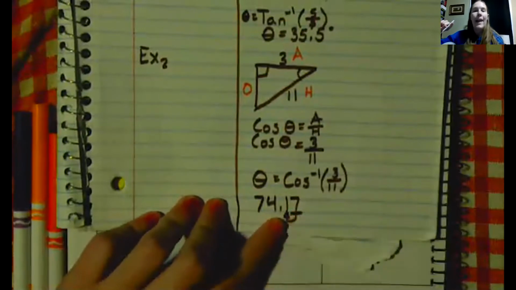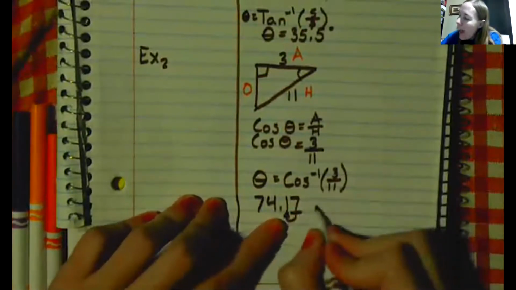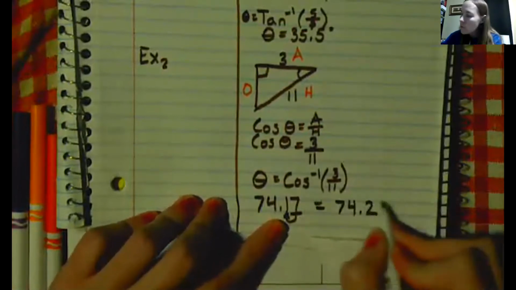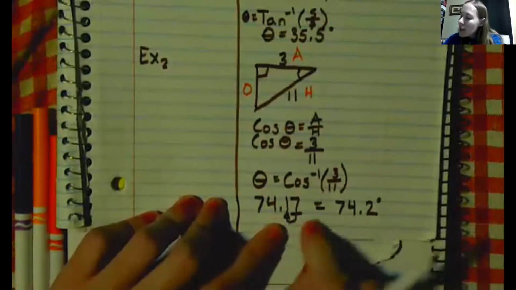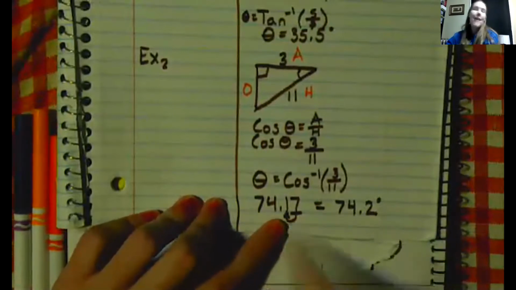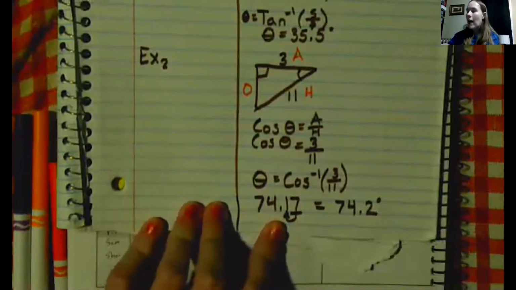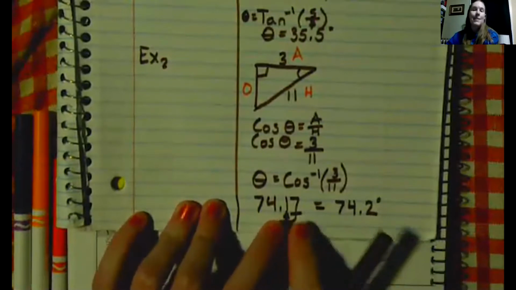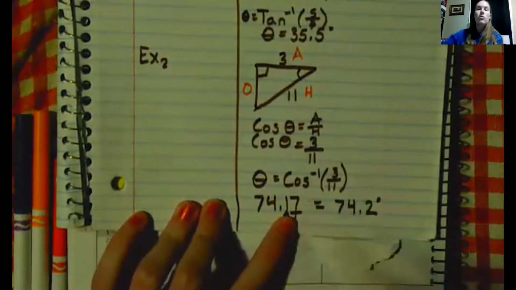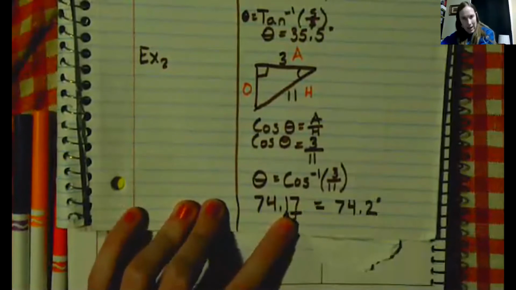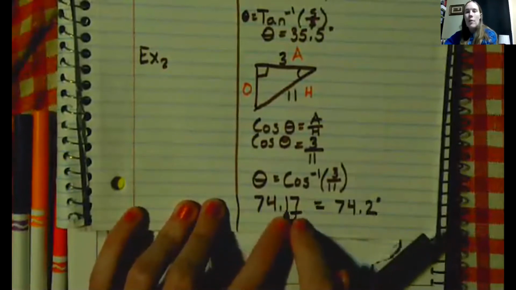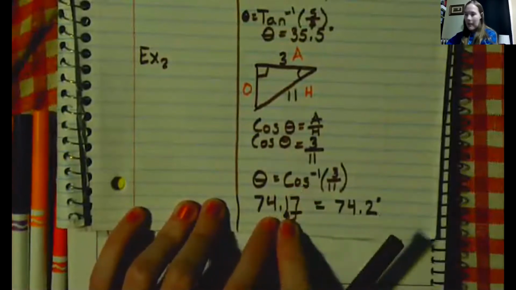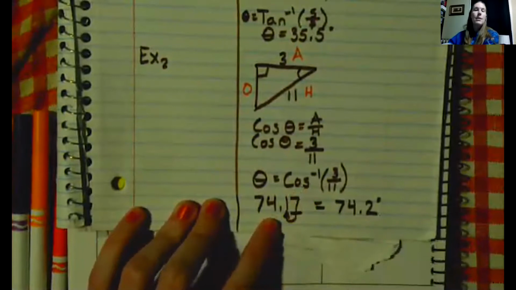So our answer would be 74.2 degrees. If you keep it at 74.1, that's like me telling you you have $74.10 instead of $74.20. And 17 is closer to 20 than it is to 10. So that's how you can think about it, is it closer to 10 or closer to 20? That'll tell you if you should round up or round down.